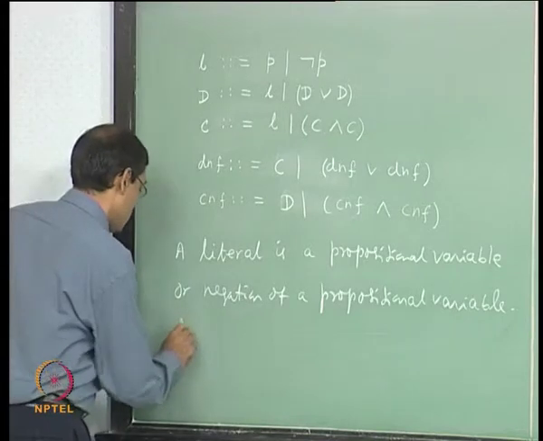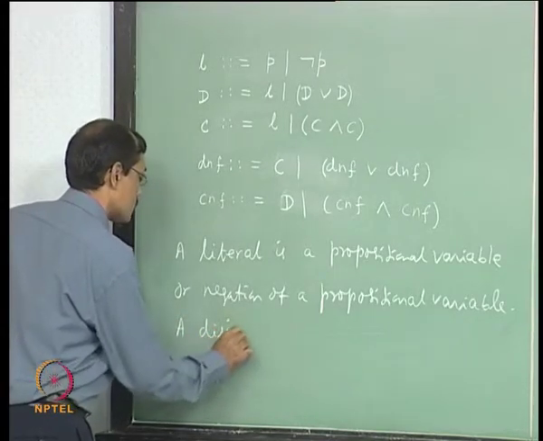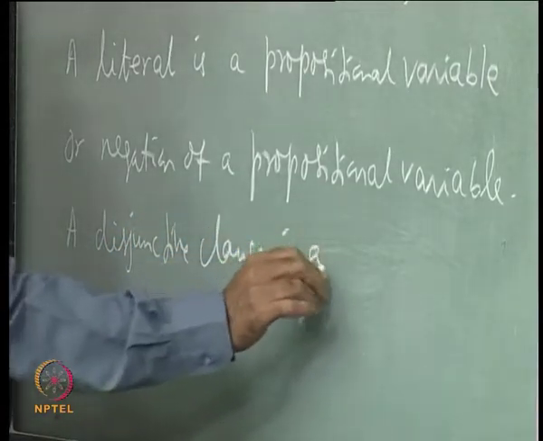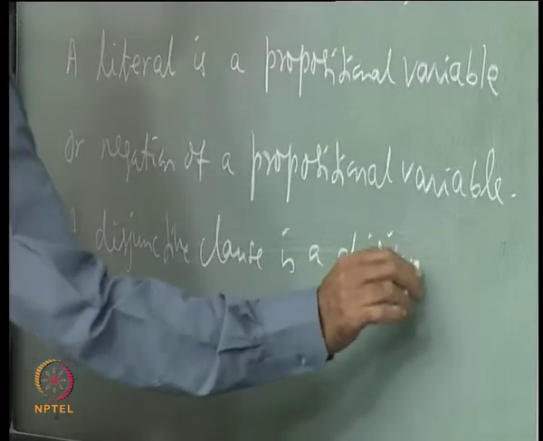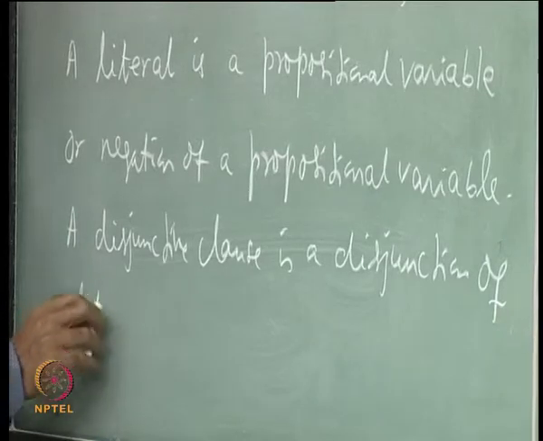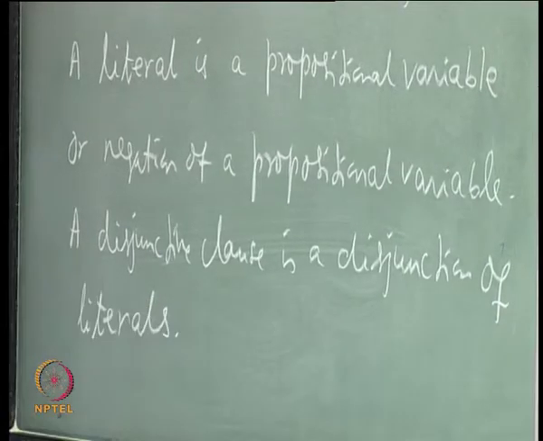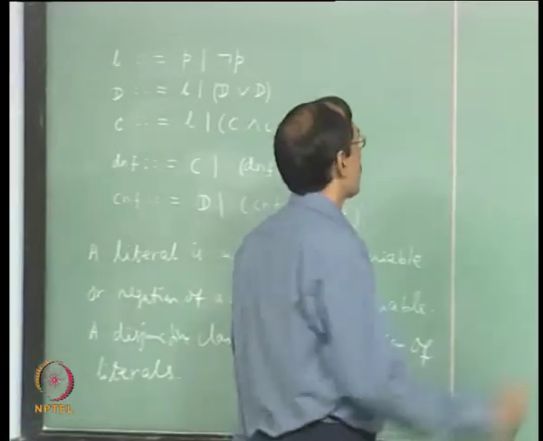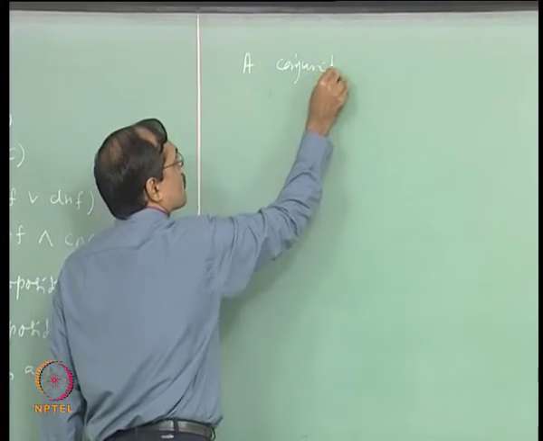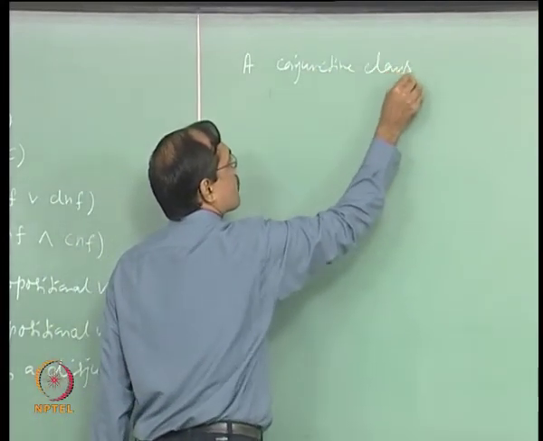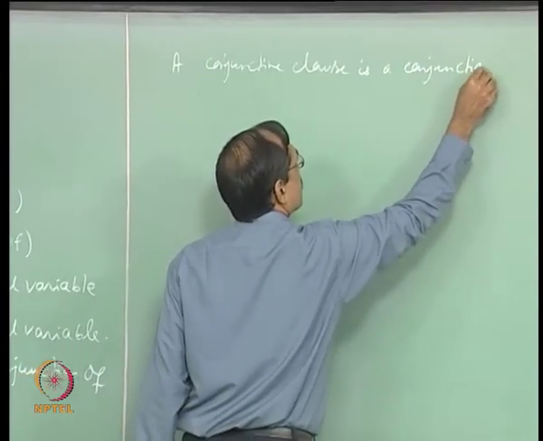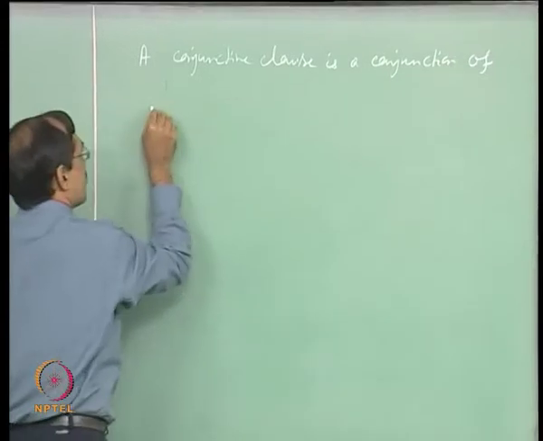So, we say a disjunctive clause is a disjunction of literals. Okay. Then we say a conjunctive clause is a conjunction of literals.